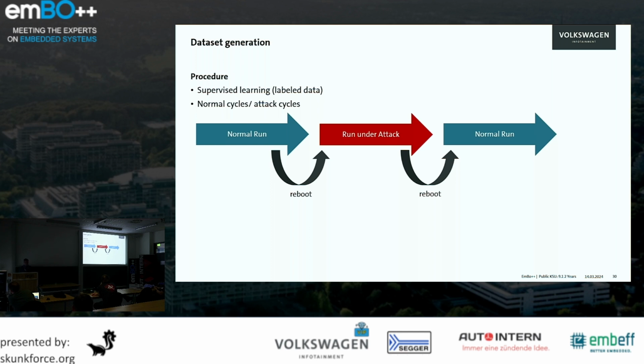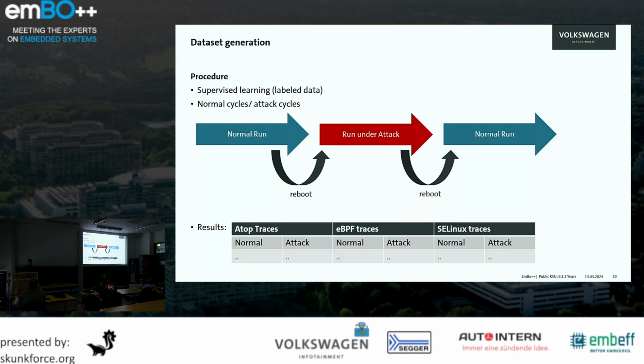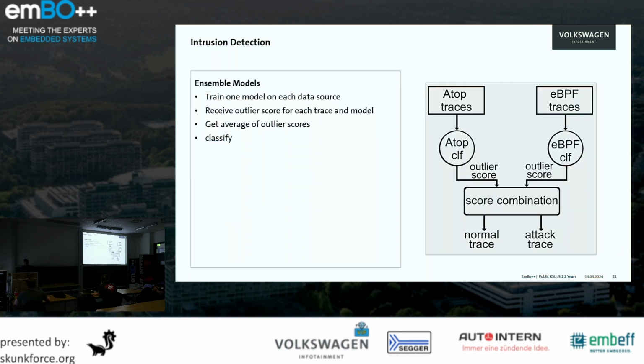Then in the run under attack, in addition to the normal load, we have some Kali Linux Metasploit scripts, which were abusing this web server and getting remote code execution. And then we switch back to a normal run, so always reset to a common level. And the results are grouped by the trace groups.